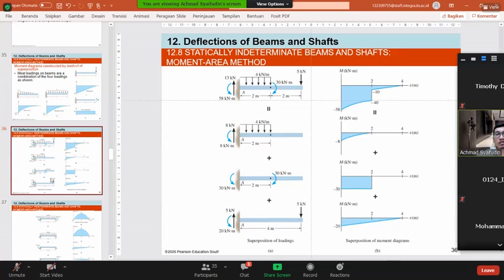Superposition is usually used to construct the moment area below the diagram. After you get the moment area, you can use the moment area theorems to solve the problem, either determinate or indeterminate.